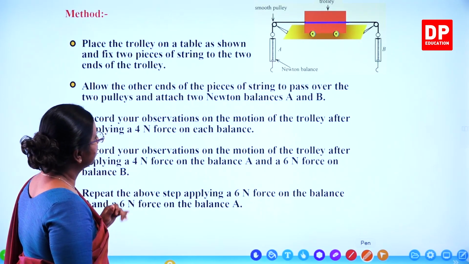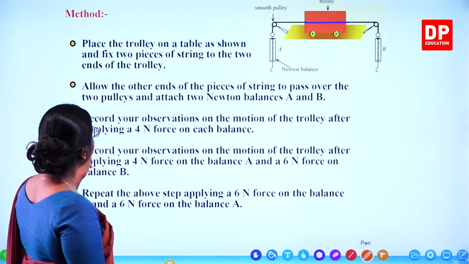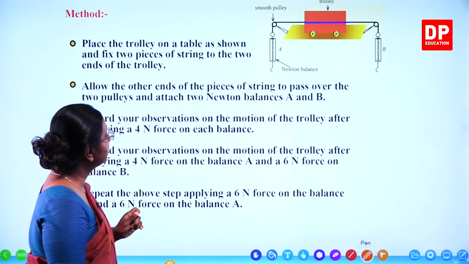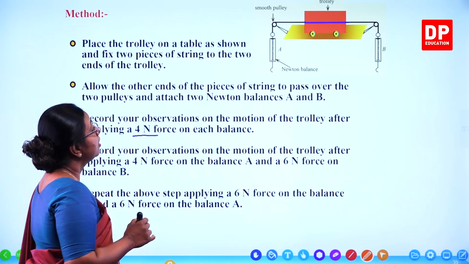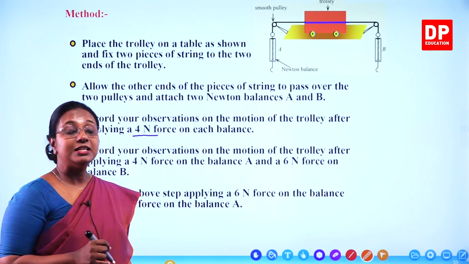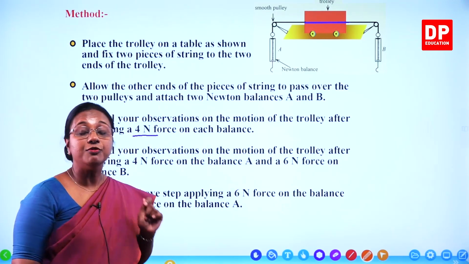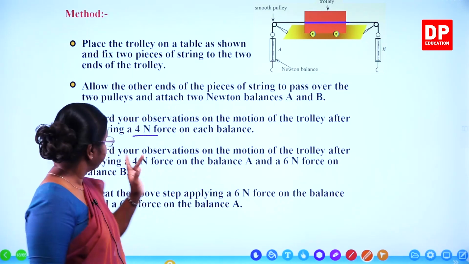Record your observations on the motion of the trolley after applying a 4 Newton force on each balance. So here, students, according to the activity given in the textbook, you are supposed to apply 4 Newton force.